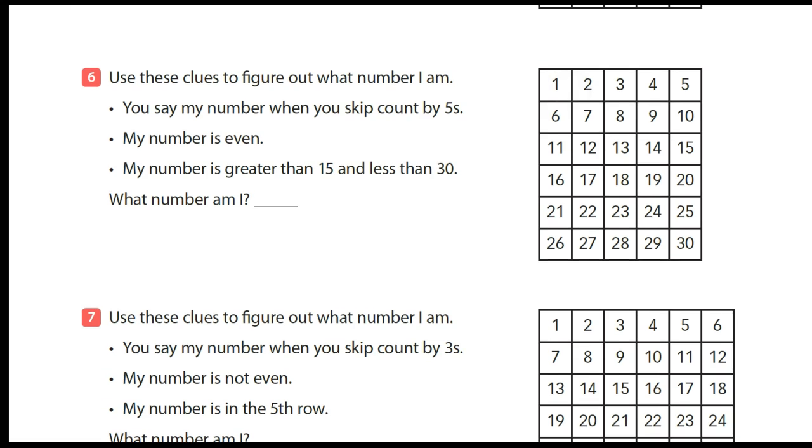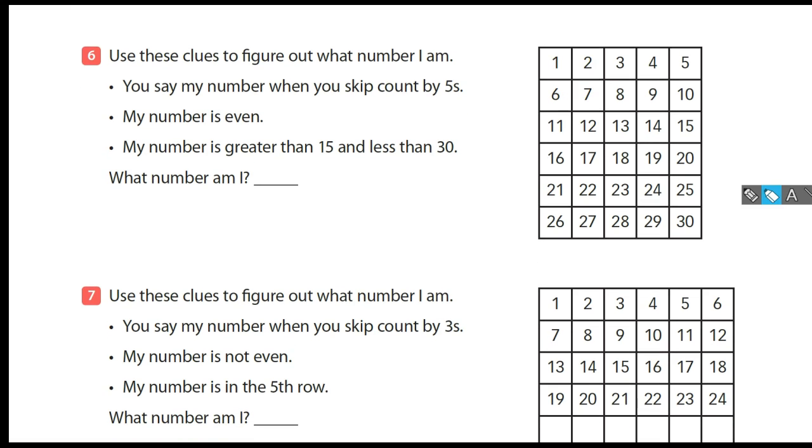No. So all the numbers that are odd, I could cross out, right? Cross that one out. The 3 out, the 5 out, 9, 7, 11, 13, 15, 19, 17, 21, 23, 25, 29, and 27. I can cross those out.